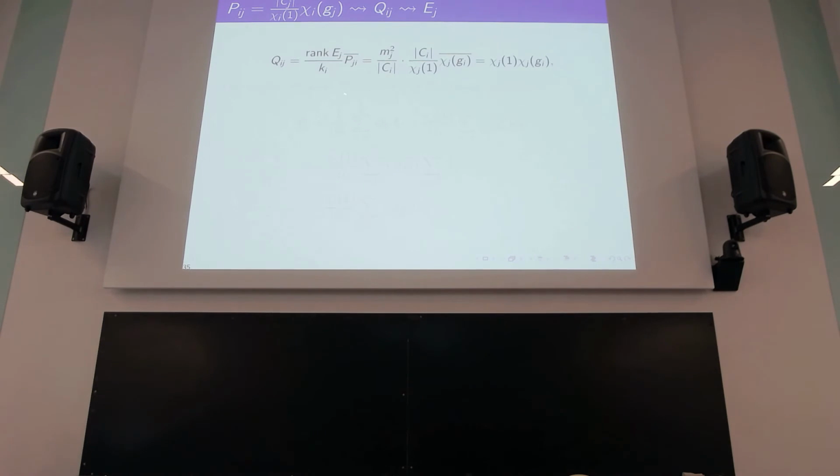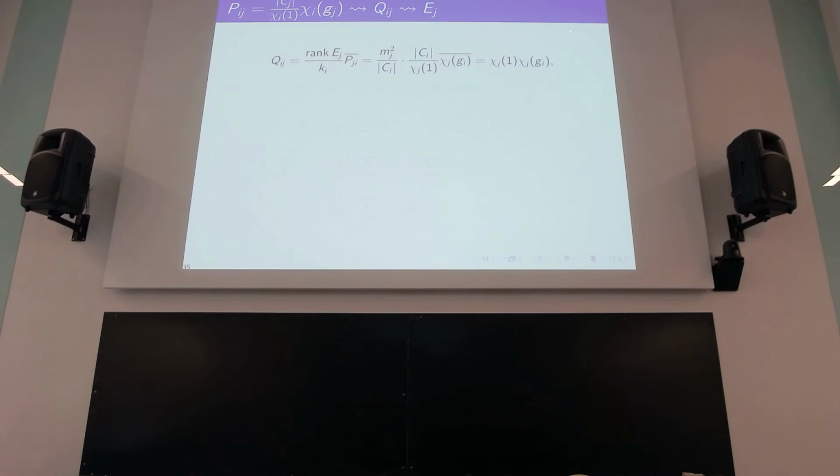We already have a formula for P_ij, or here we need P_j bar, so we can write this in this way, and you get some cancellation, and it turns out that this is nothing but the, oh, sorry, I think I forgot the bar here.